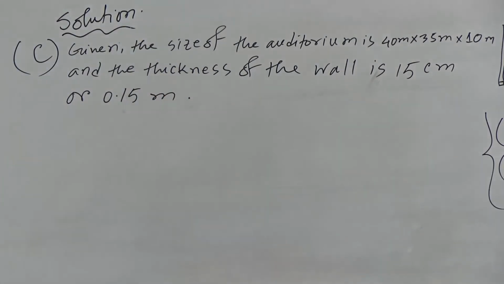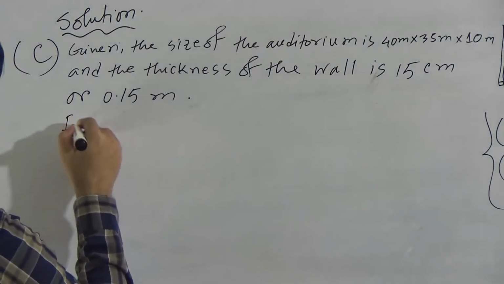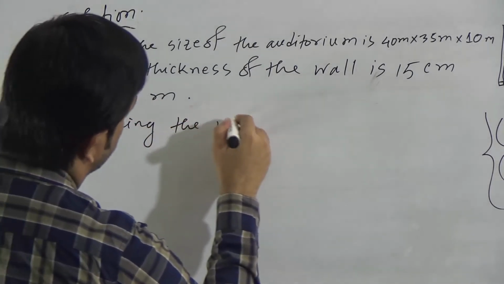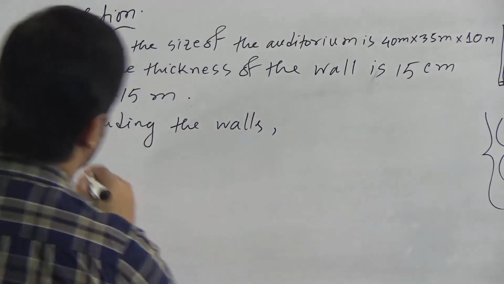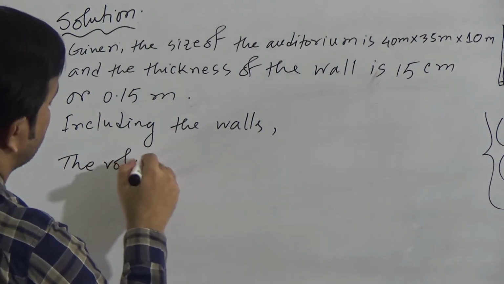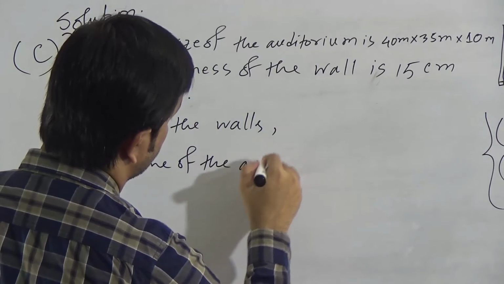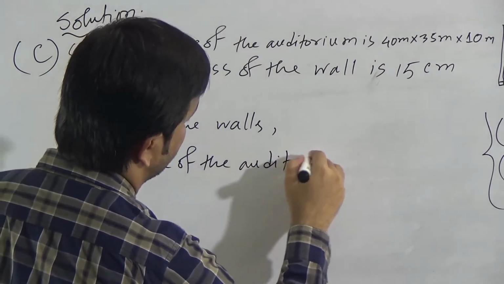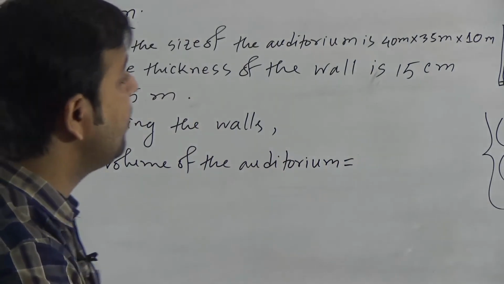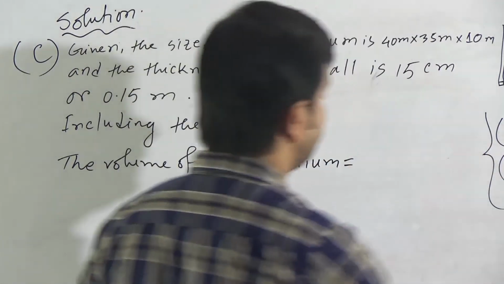Now we can write, including the walls, the volume of the auditorium will be the product of 40, 35 and 10 meter.